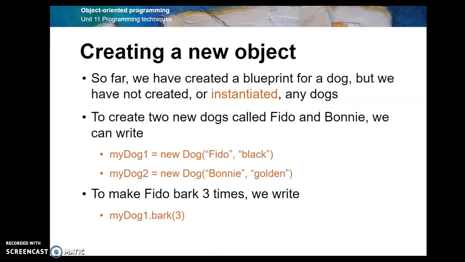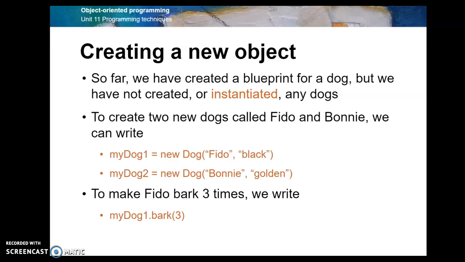So how do we create a new object? Once you have created a class definition, which is going by the pseudocode, you would be creating a new object by writing the object name here, which is my dog is the object name, and new dog, you're creating a new instance of a class.